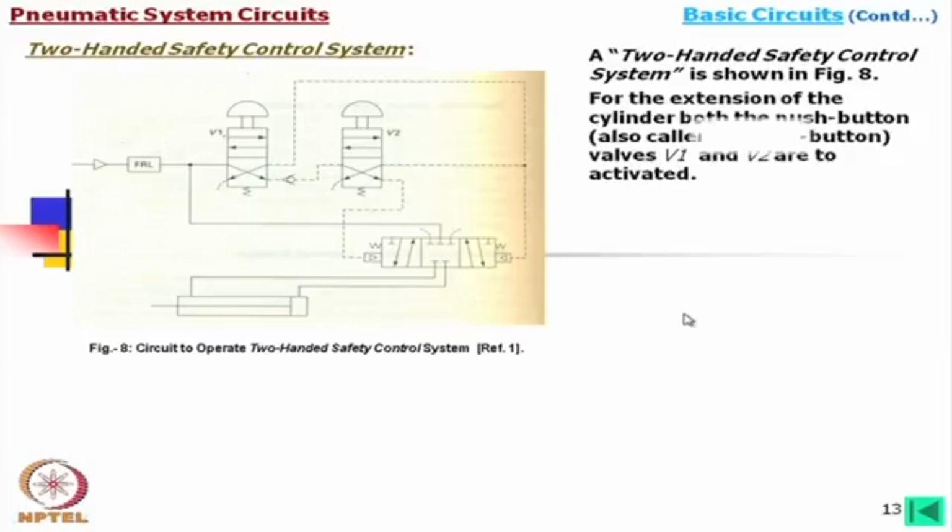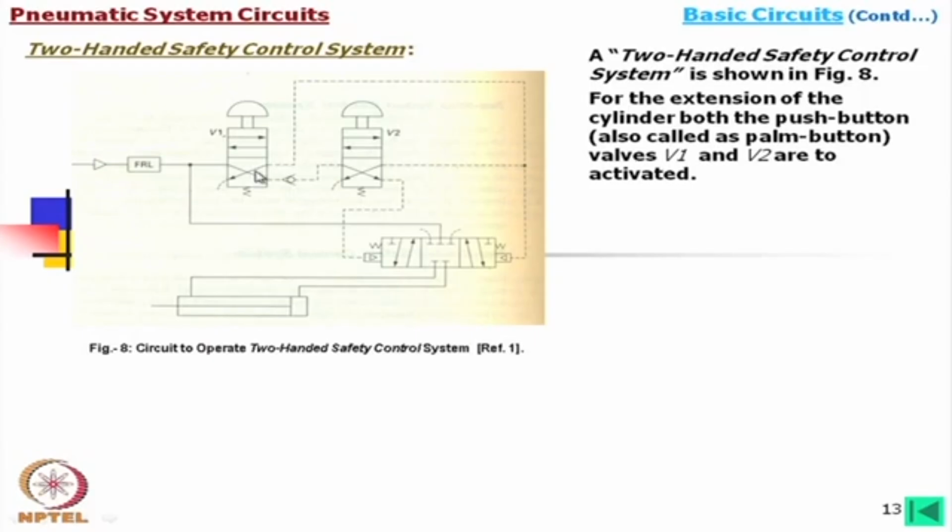And this is the main supply source. Now, for the extension of the cylinder, both the push buttons, also called pump buttons, are to be pushed. Pump buttons are usually very big in size, and you can simply push them like this. Suppose you are pushing this one, then the air is going like this, it is coming over here and trying to actuate this one, but this one you have not pushed.